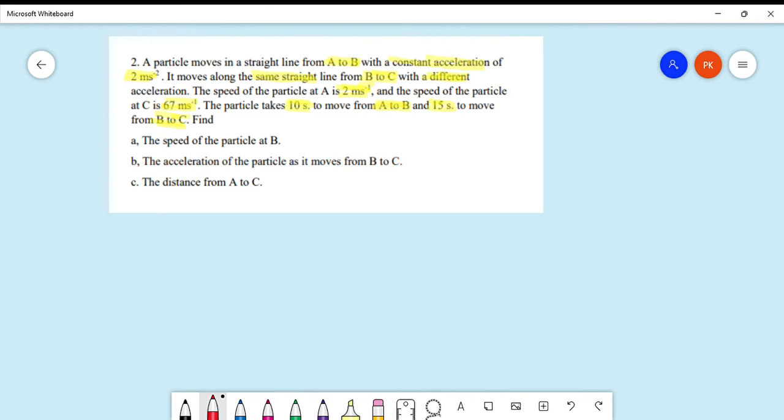So let us just make a rough sketch of this situation. So say this is the straight path. This is A here. So the particle is at A, and at A its velocity or the speed is 2 meters per second.